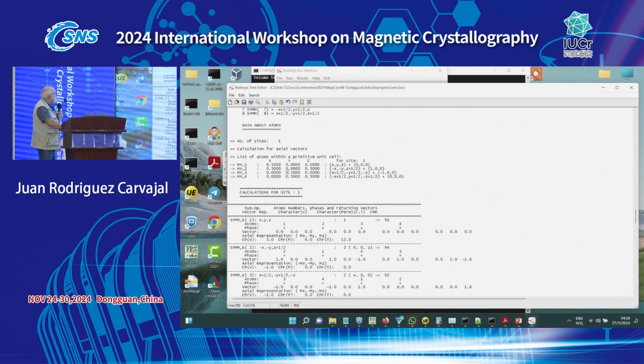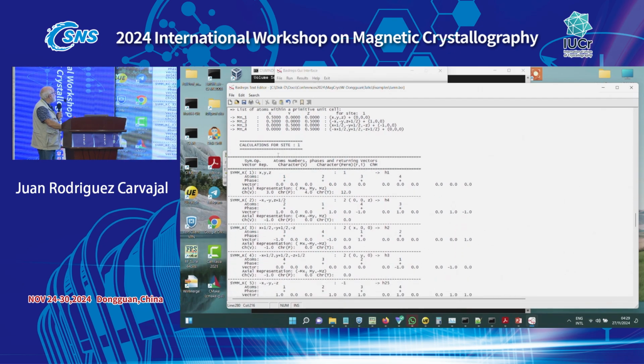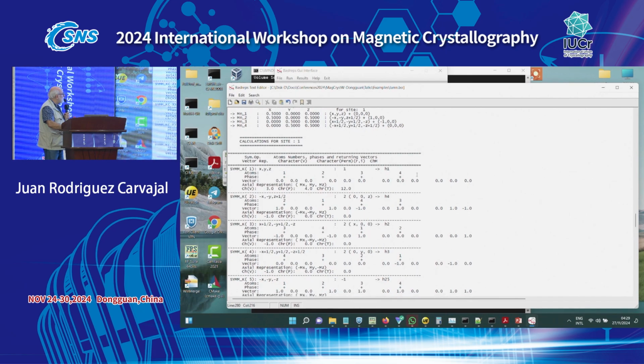And then we can do, this is what I was doing by hand always, all the calculation. For example, you see symmetry operator, atom number, character, etc. The atom, here, for example, the identity, the atoms 1, 2, and 3 are not changed by the symmetry.